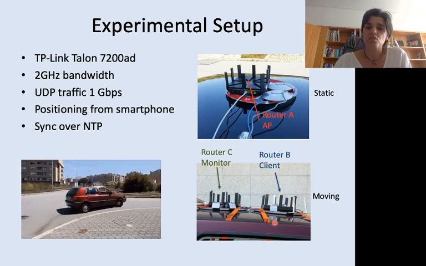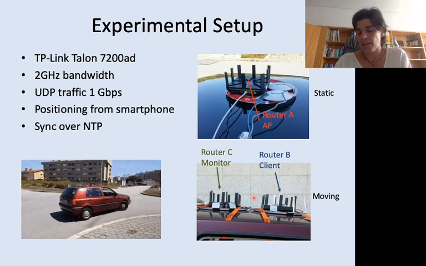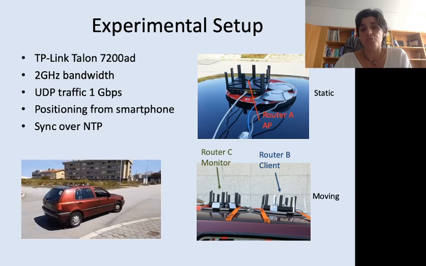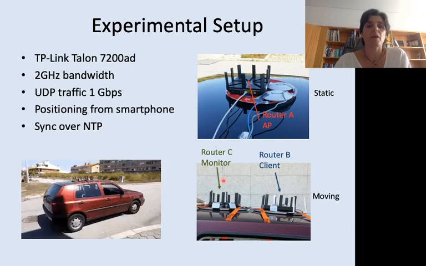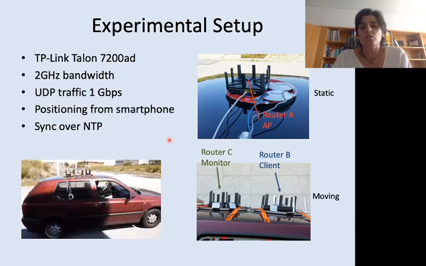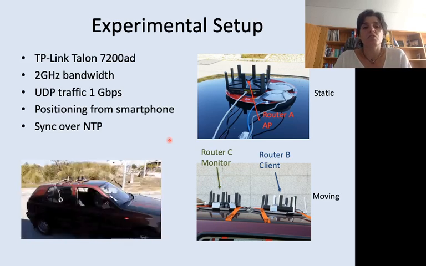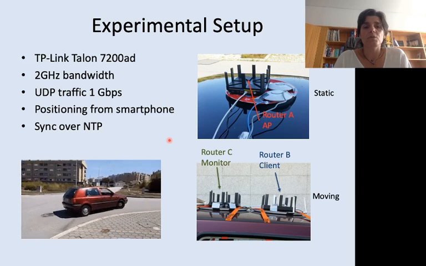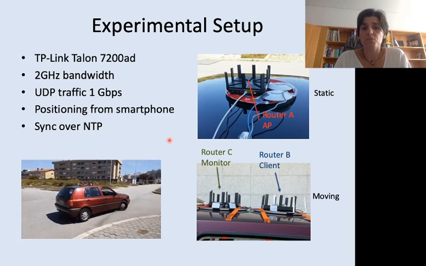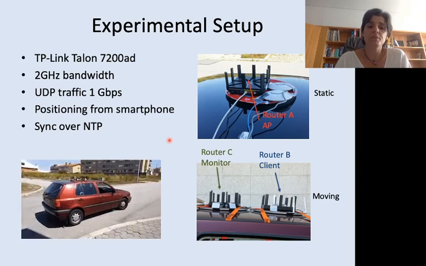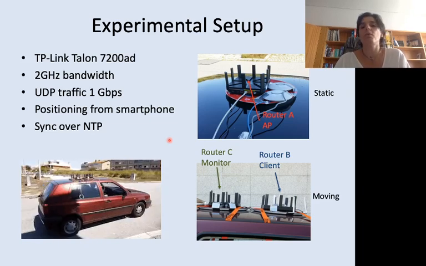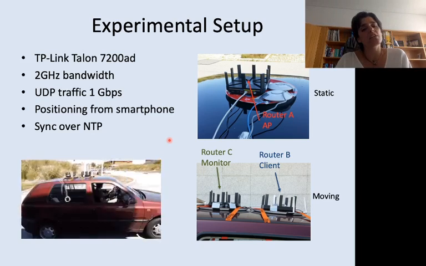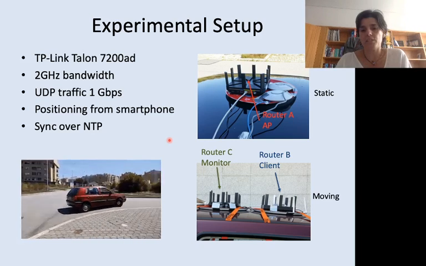One of the devices was configured as the station, so as the client, and the other device was configured in monitor mode. The channel was configured with a 2 gigahertz bandwidth, and we were sending UDP traffic at 1 gigabit per second. We were obtaining the positioning for the mobile vehicle from a smartphone and syncing devices via NTP.